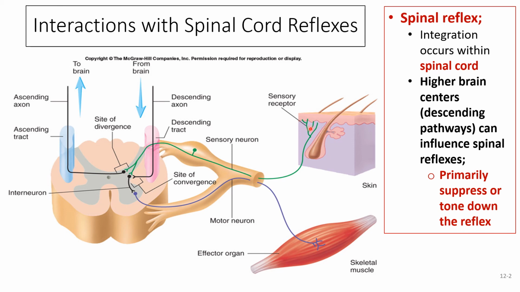Let's give an example where you've put your hand on a hot stove, and nociceptors are firing because of the painful stimulus. Some of these nociceptors will send their information along these sensory afferent neurons and synapse onto an interneuron, synapse onto a motor efferent, right back out to the skeletal muscle, and this is what makes you take your hand off the hot stove immediately in that spinal reflex.